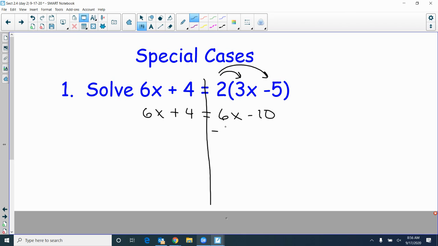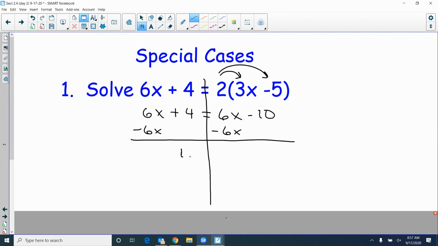I'm subtracting 6x. And I'm subtracting 6x. All right, you got to be real careful here. What does that give us, Zachary? 0x. 0x is 0. Don't even write it.